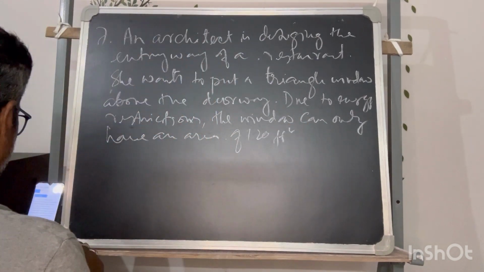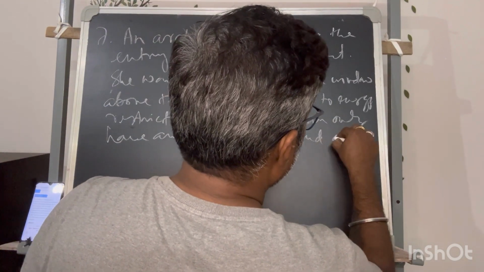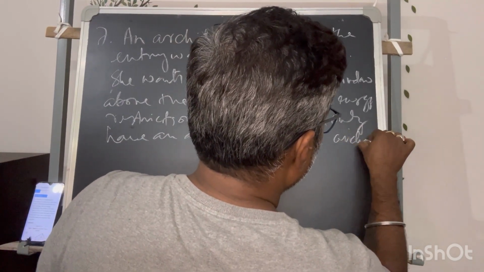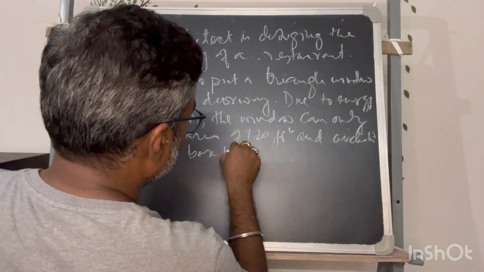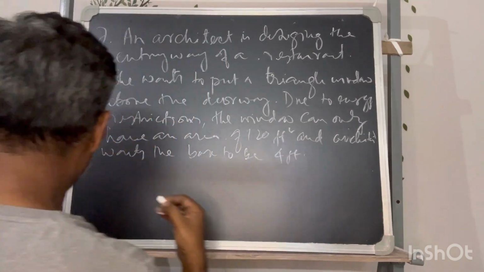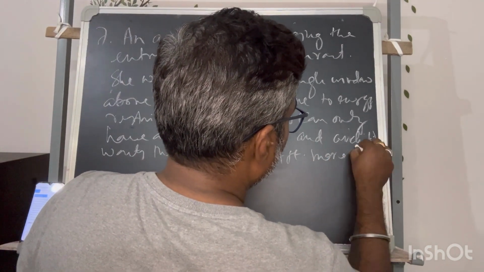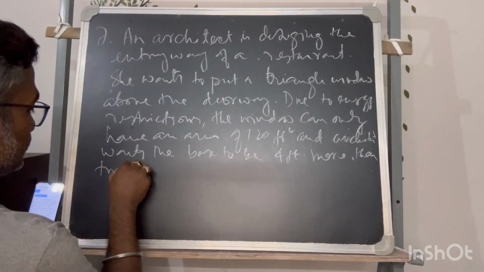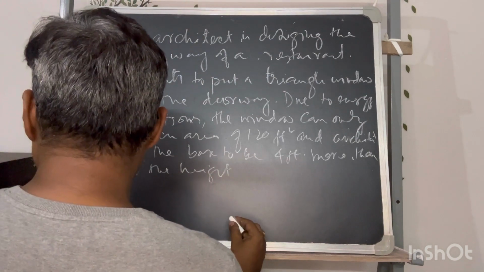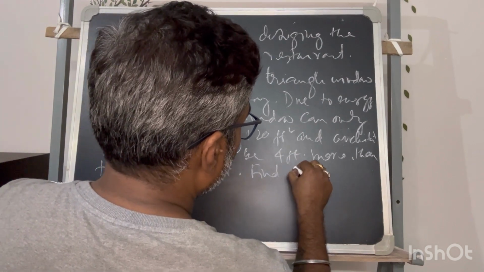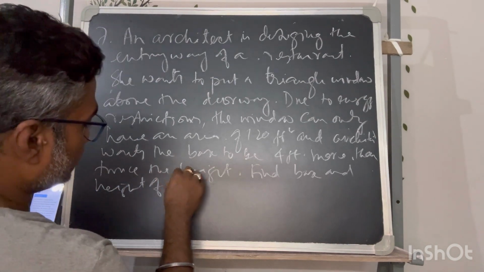And the architect wants the base to be 4 feet more than twice the height. Find the base and height of the window.